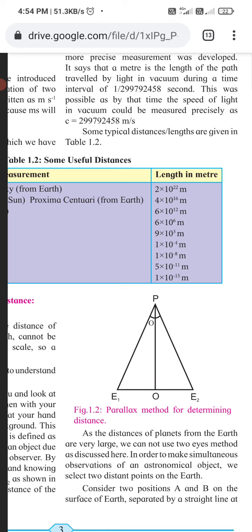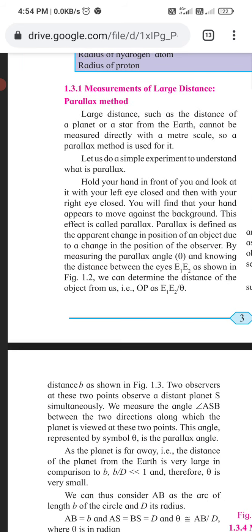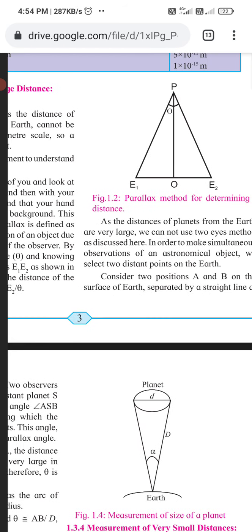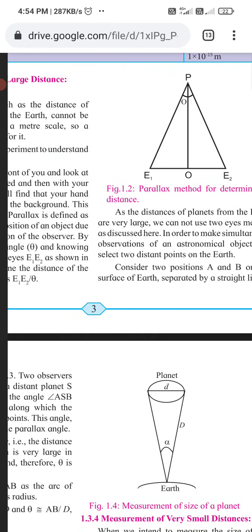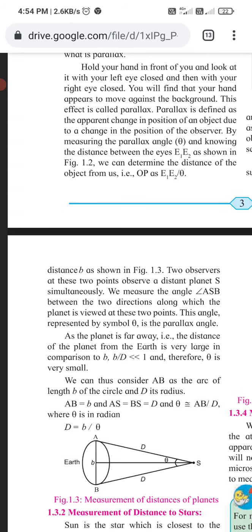So, two distinct points A and B on the surface of the Earth, separated by a straight line at a distance b, as shown in figure 1.3.